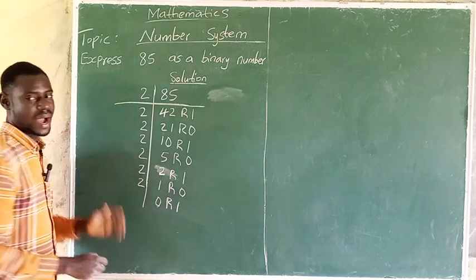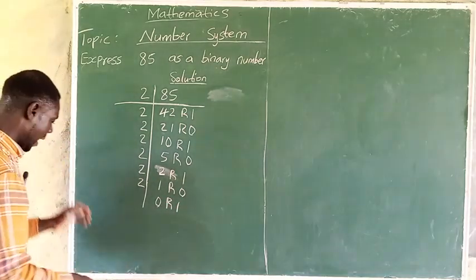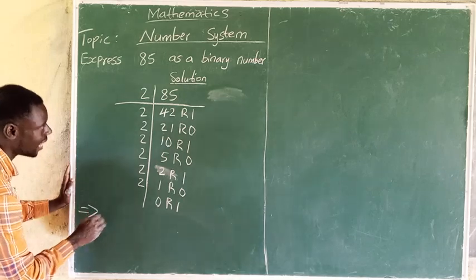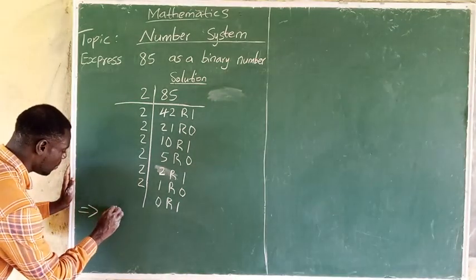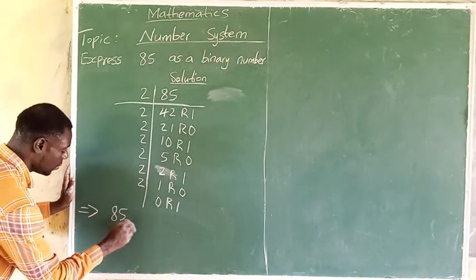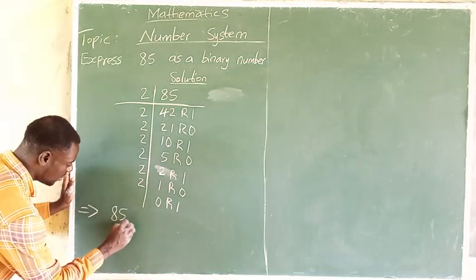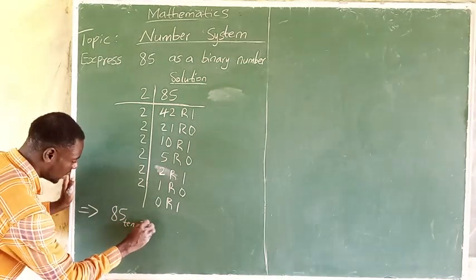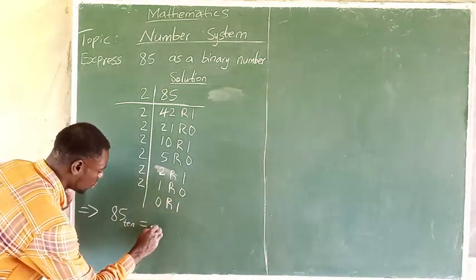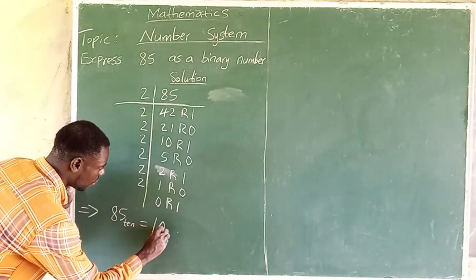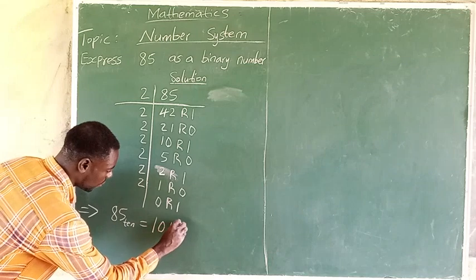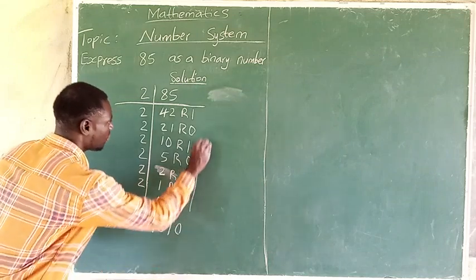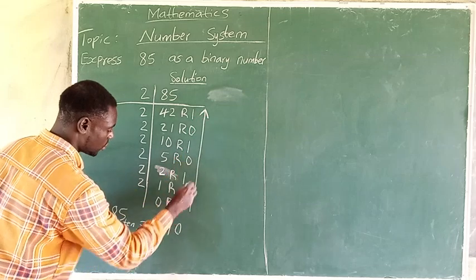Remainder 1. All right? So at this point, this implies that converting 85 in base 10 to binary will give us 1, 0, 1, 0, 1, 0, 1 in base 2. Remember, I'm taking this arrow from the bottom to the top.